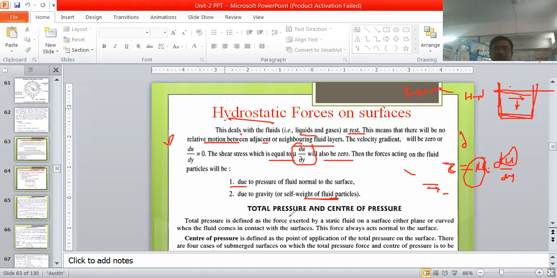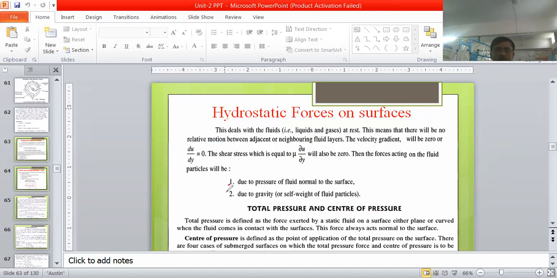Now, before going ahead, we should understand the meaning of total pressure and center of pressure. Out of these two forces, we are focusing on the forces due to pressure, right? In that also, we are going to see the total pressure force acting on plane surfaces as well as curved surfaces. The plane surface may be horizontal, inclined, or vertical.